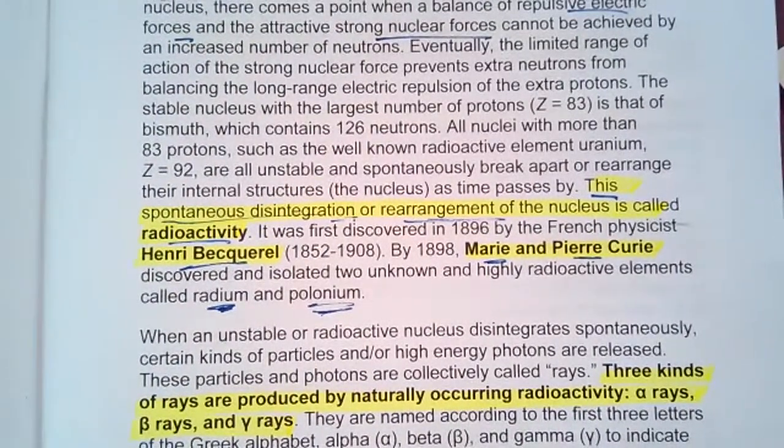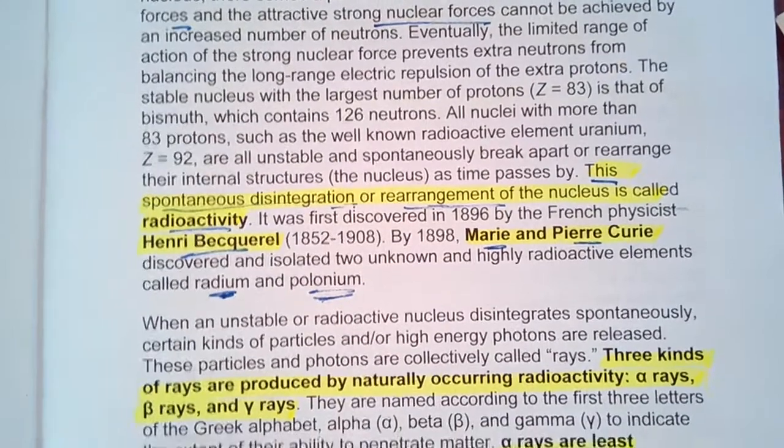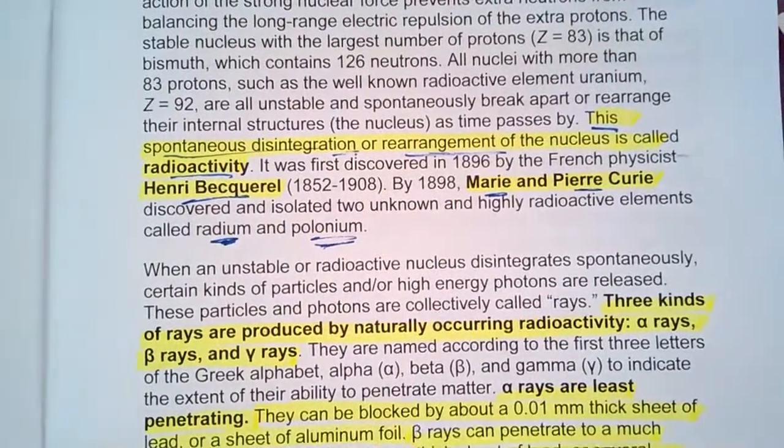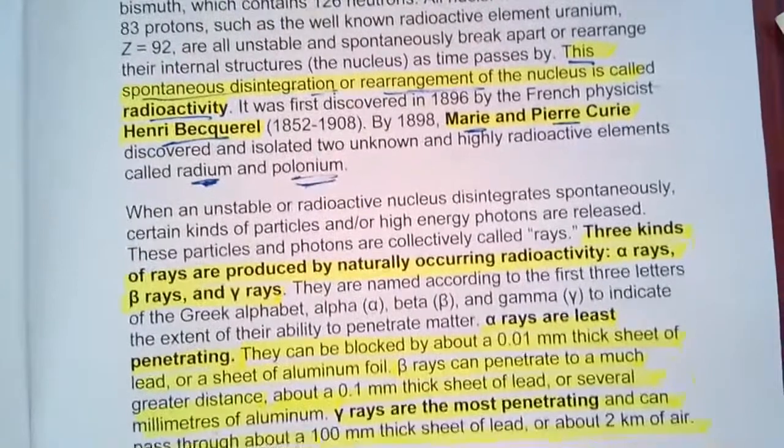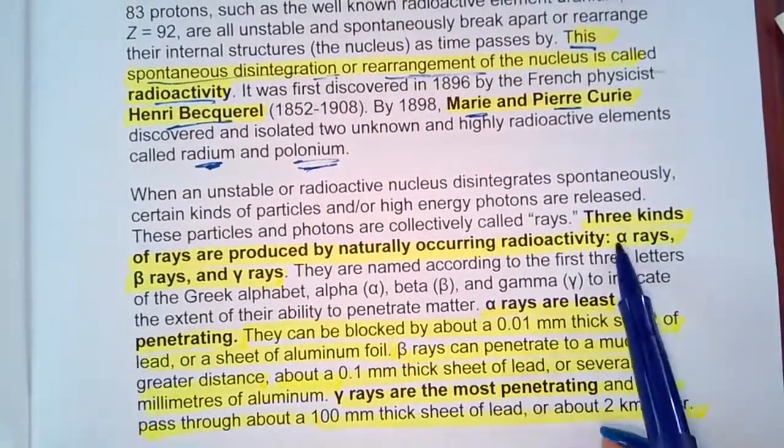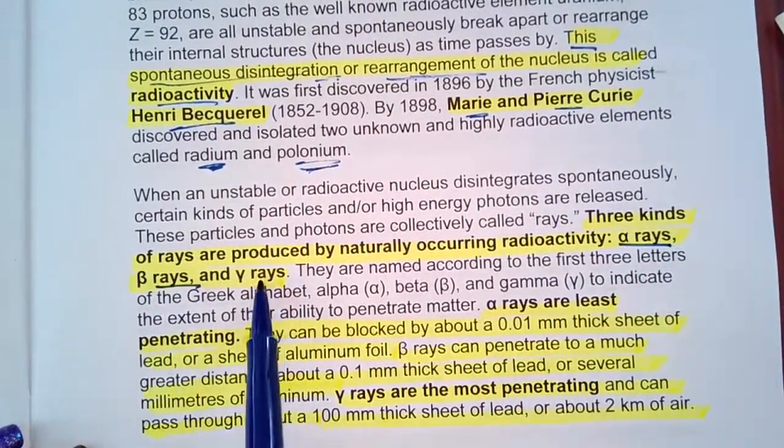An interesting fact about Marie Curie is that all her manuscripts, all her work, and her remains are encased in lead. Her body is buried in a lead coffin because of the radioactivity in her body. There are three kinds of rays that are produced naturally, and these are called alpha, beta, and gamma.